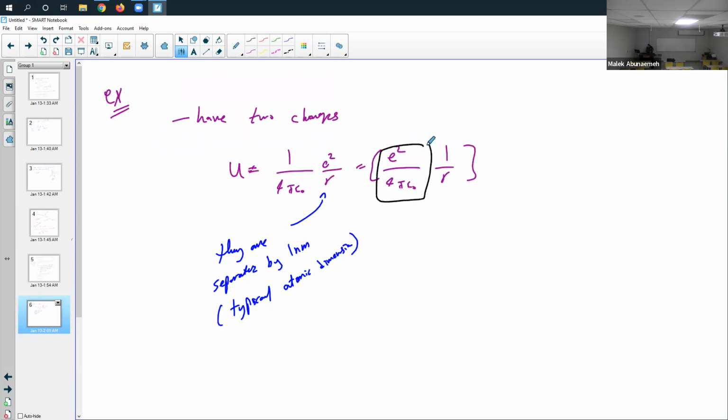Let's take this little fella right now over here: e squared over 4 pi epsilon naught.